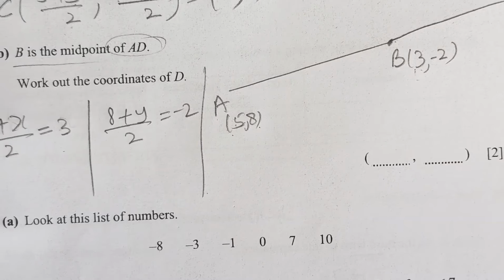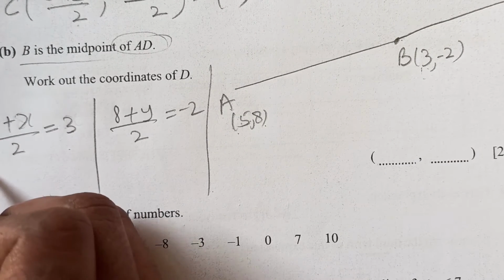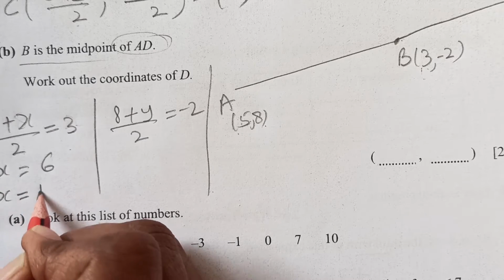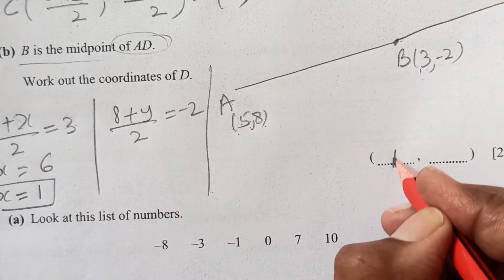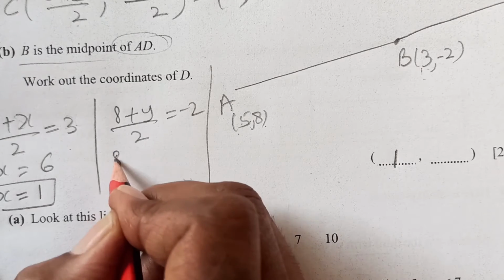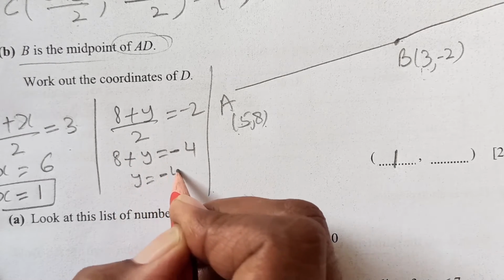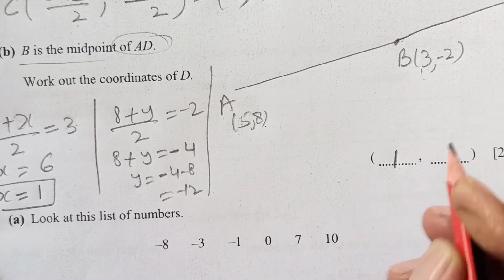So now 5 plus x is equal to 3 times 2, which is 6. So x is going to be 6 minus 5, that is 1. So our x coordinate is 1, and for the y, 8 plus y equals minus 4, and y is going to be minus 4 minus 8, that is minus 12.